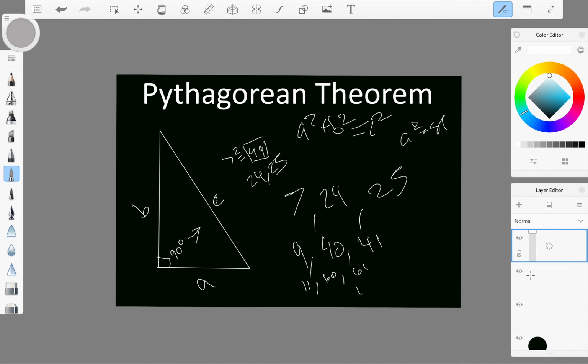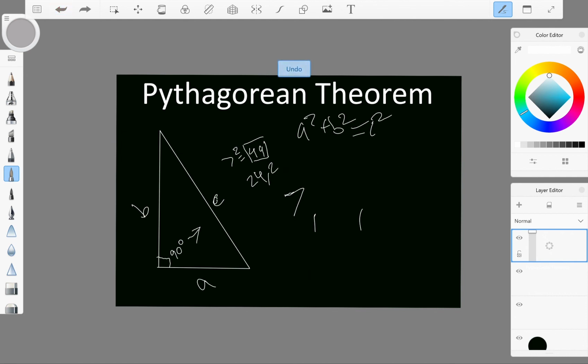And then 13 would be 84 and 85. And so that's basically what you can do. And it's very convenient. So if your first number is odd, it would be perfect to use. And that is the Pythagorean theorem for you guys.